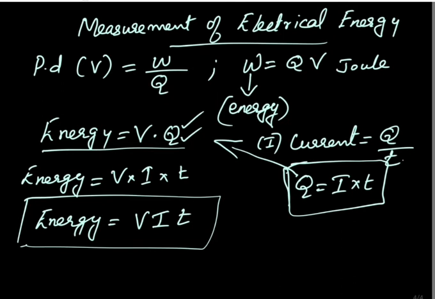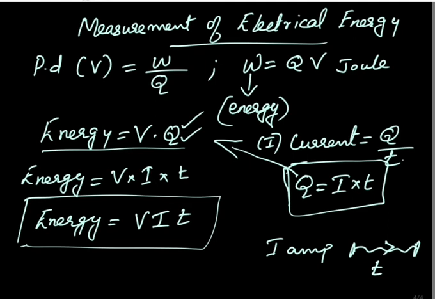That is, suppose I ampere of current is flowing through a conductor, and let it be flowing for t seconds.